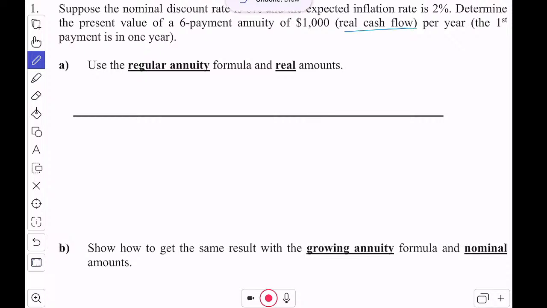A real cash flow. Every cash flow so far until this moment I've dealt with is known as a nominal cash flow. You assume that cash flows are nominal unless you're told otherwise. So what is the relationship between real and nominal cash flows? Well, it depends on inflation. I'm going to use the notation C for cash flow.